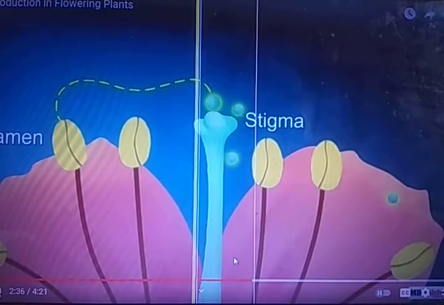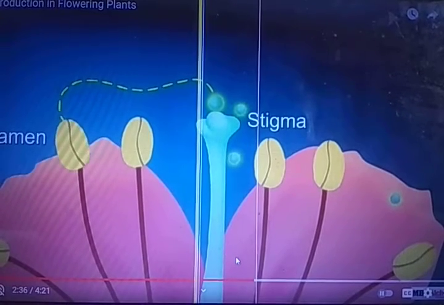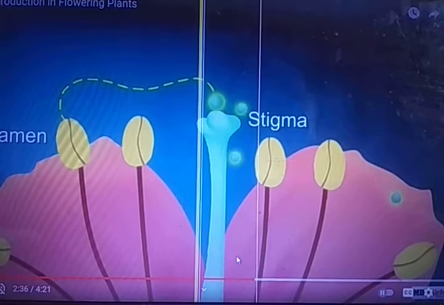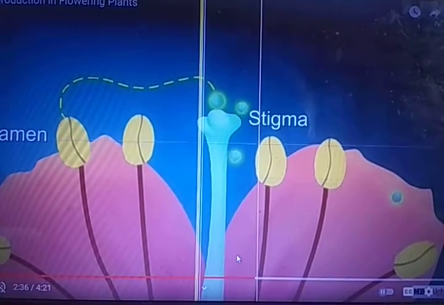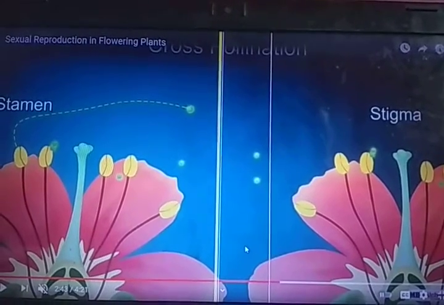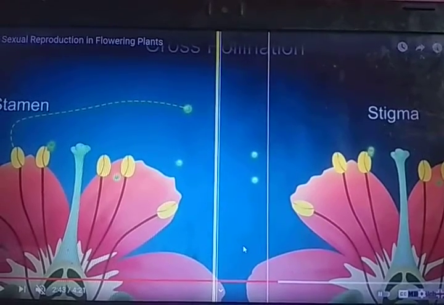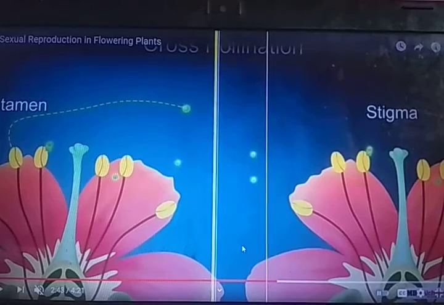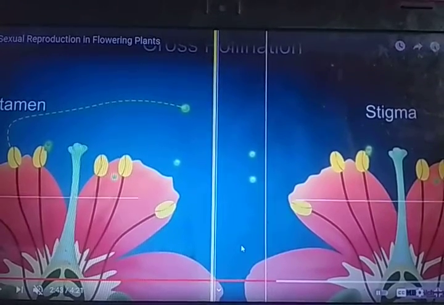If the pollination occurs in the same plant, maybe the same flower or maybe a different flower of the same plant, that is called self-pollination. And what is cross-pollination? It is the transfer of pollen grain from the anther of a flower of one plant to the stigma of a flower of another plant of the same species.